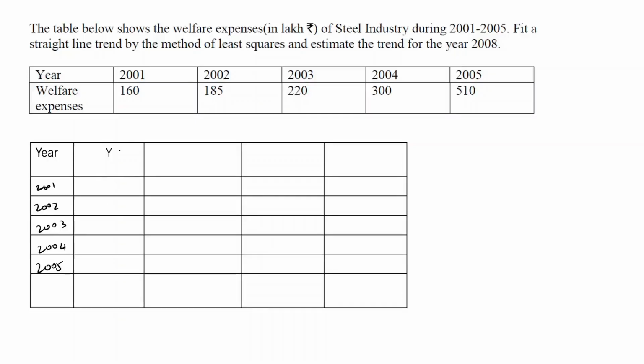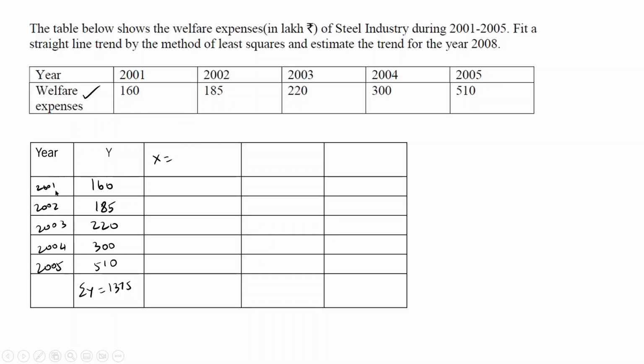And then the various values, welfare expenses, we take it as Y: 160, 185, 220, 300 and 510. So here the sum of all these values, summation Y, when we add all these, we get 1375.